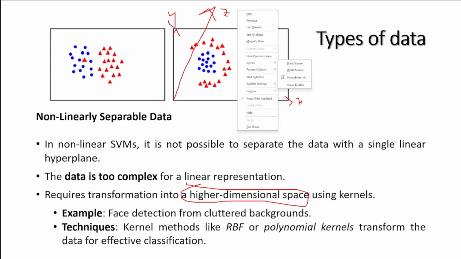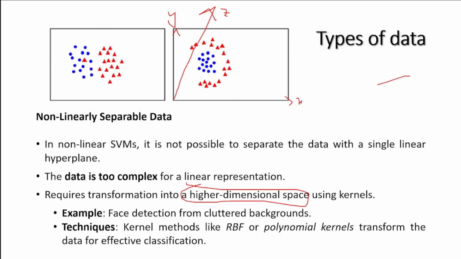So I give you a hint over here. Imagine that we have Y over here, we have X, we have Z. The data is still the same: triangle, triangle, triangle. At a certain point, the circles go up enough that they look like floating data in the Z form.